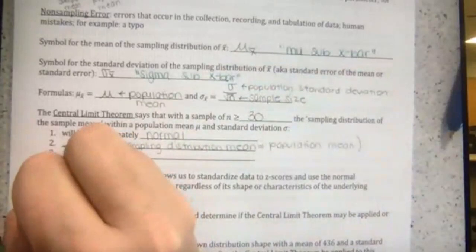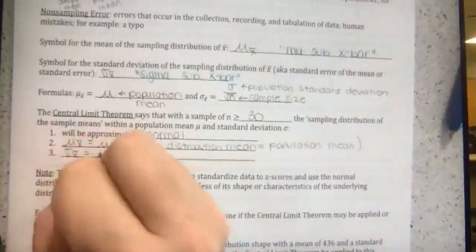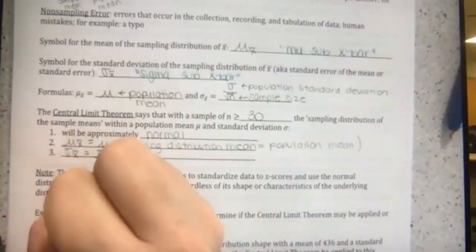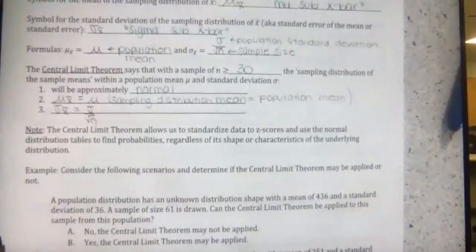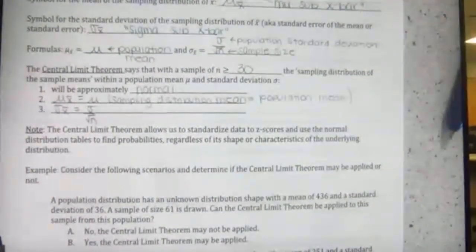And our other formula, our sampling standard deviation is going to be our population standard deviation over the square root of n. Basically, it's saying if the central limit theorem says that if we have a big enough sample, we could actually do something with it, just like we did in chapter 6. We're going to see that in a second.